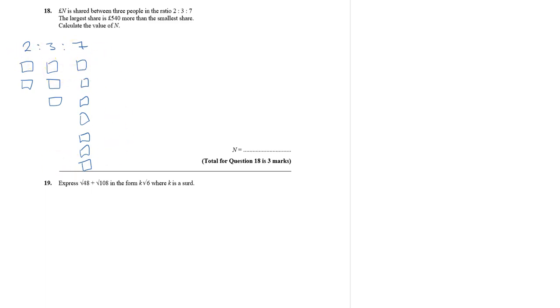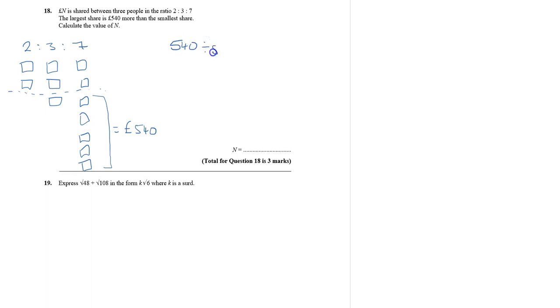Now, we know that all of these add up to n. And it says that the largest share is 540 pounds more than the smallest share. Now, this is the smallest share, and this is the largest share. Now, if this one's 540 pounds more, if we look at this point here, this is how much more this share has. So this must be equal to 540 pounds. So we can work out what one of these boxes is worth by doing 540 divided by 5.